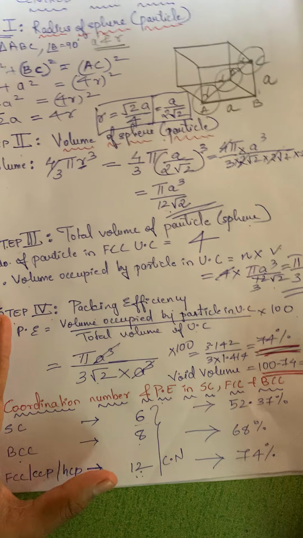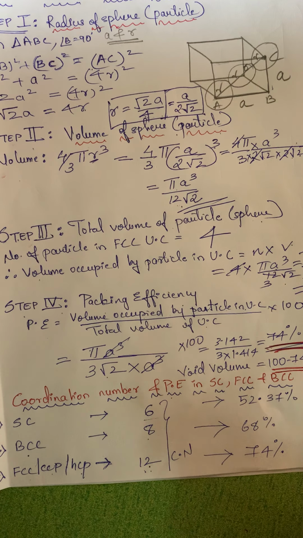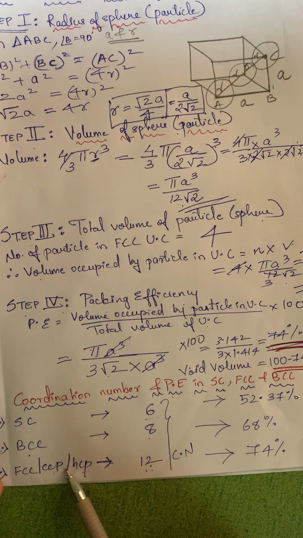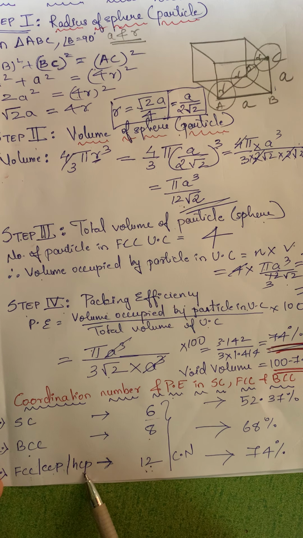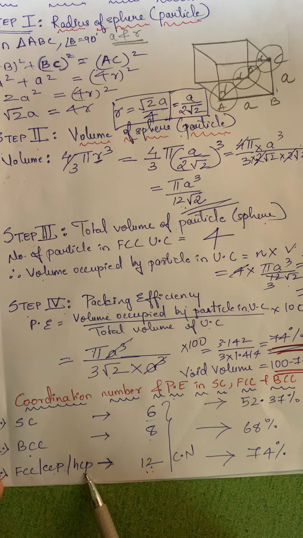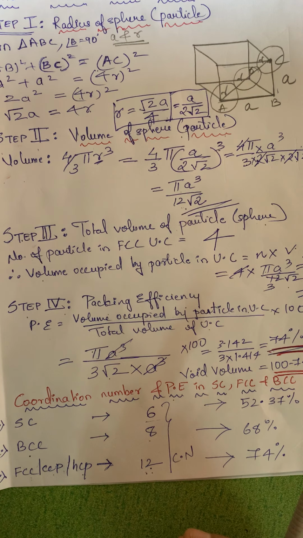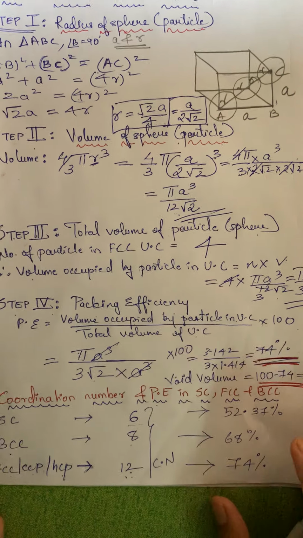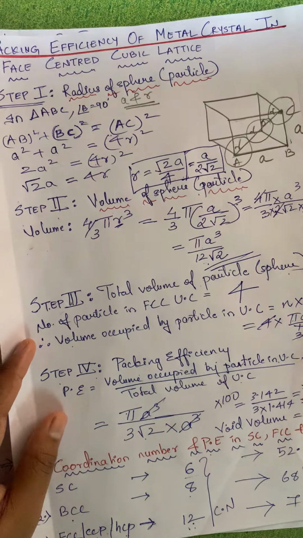Now by looking at this, we can say which crystal is efficiently packed. FCC, CCP or HCP structure is more efficiently packed since the void volume is comparatively less. Okay, so hopefully till here it is done.